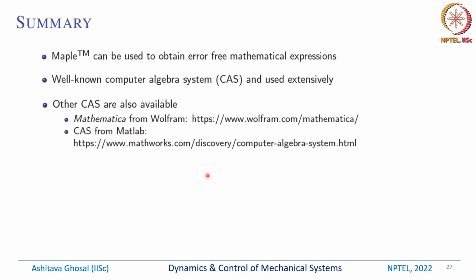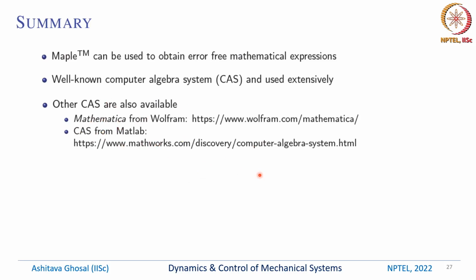Okay, this is slightly less well known and less powerful than either Maple or Mathematica, but nevertheless you can use the computer algebra system from MATLAB. For simple examples like the planar 2R or the angular velocity vector or even the 4-bar mechanism, we can obtain everything from the computer algebra system given by MATLAB.